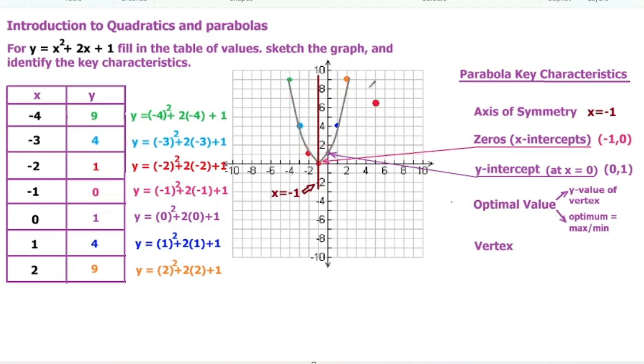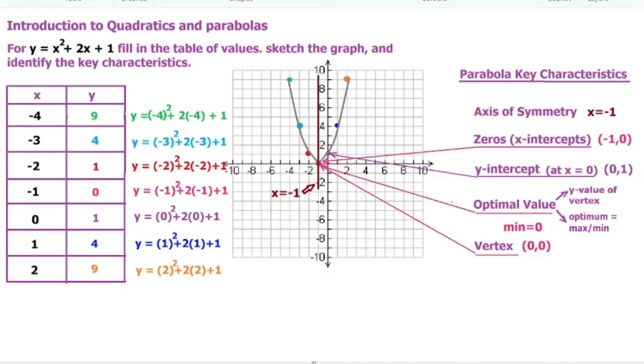If it opens downward, if it was flipped and it was open this way, we would have a maximum, okay? So for this one, our minimum equals 0, okay? The y value is the minimum. And then our vertex is -1, 0 right here, okay?